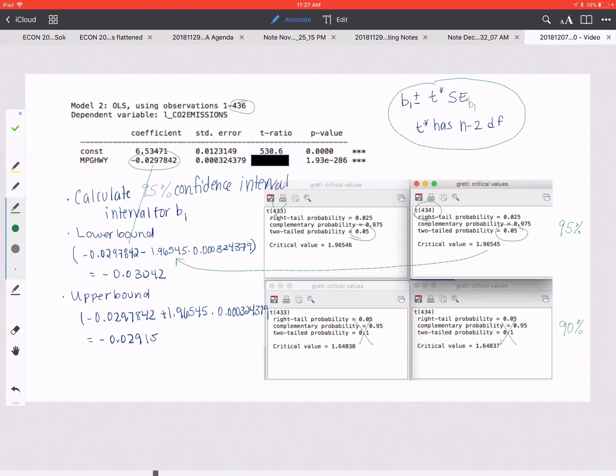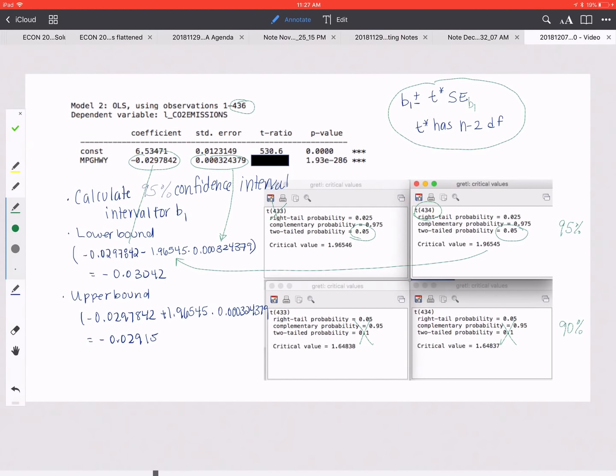We can get that from the Gretl output up here. Now we have our calculation for the lower bound complete, which is negative 0.03042. Conduct the same thing for the upper bound, where you just change the subtract sign to an addition sign, and we have now the full confidence interval.